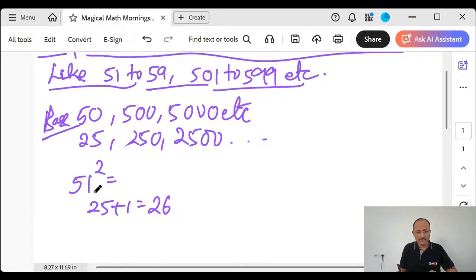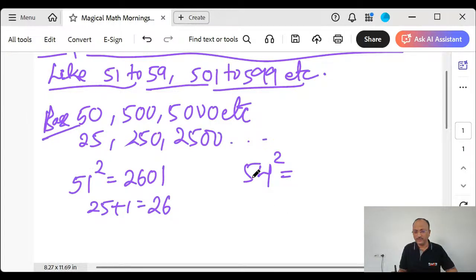And then whatever is there in the unit, 1 square, that will become the second half of the answer. Because it is a single digit, we are going to make it 2 digits, because the base contains 2 digits, so we'll make it 2601.